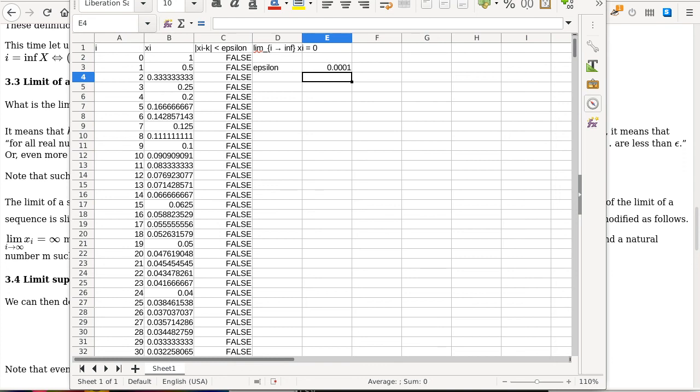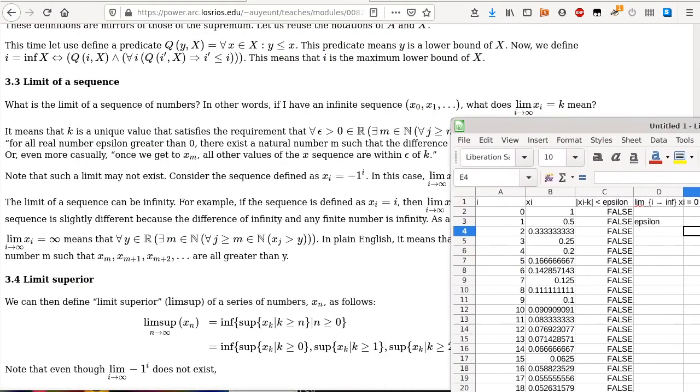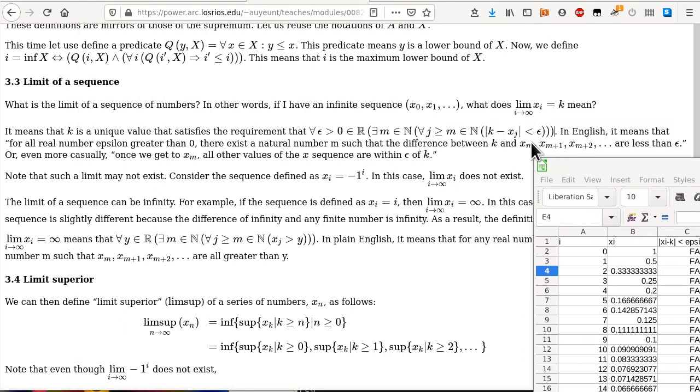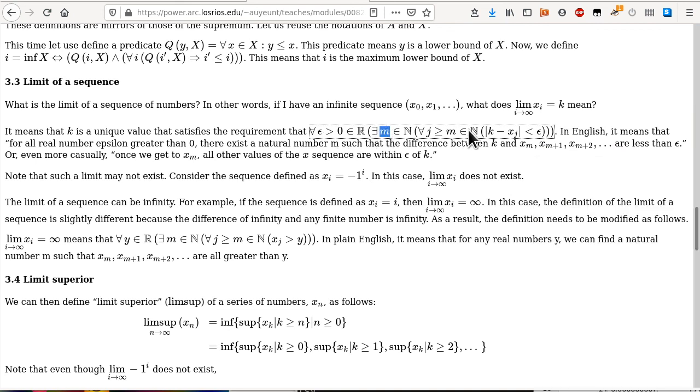But I know the concept of limits: you basically say, pick me any epsilon that is greater than zero, and I'll be able to pick an m so that everything at x of m and after would be within epsilon away from k.